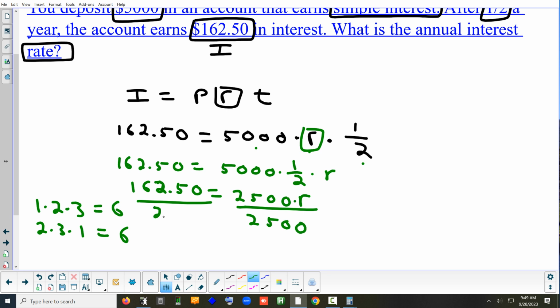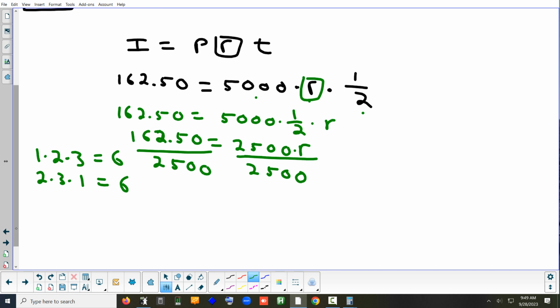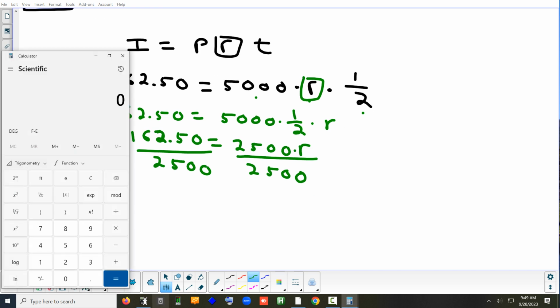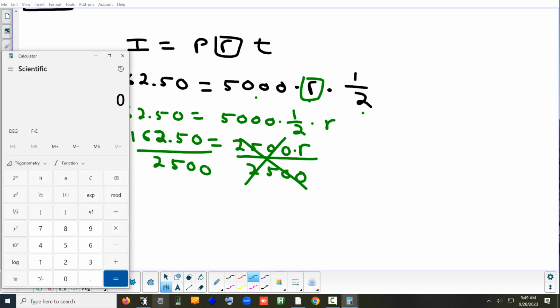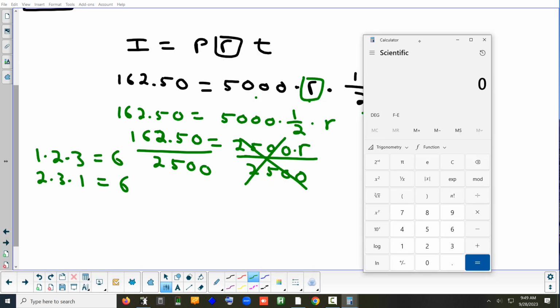Okay, definitely going to need our calculator for this one. So what am I going to type in on my calculator to get my answer? Okay, tell me exactly what order I should press the buttons in. 162.5, yep, divided by 2,500.